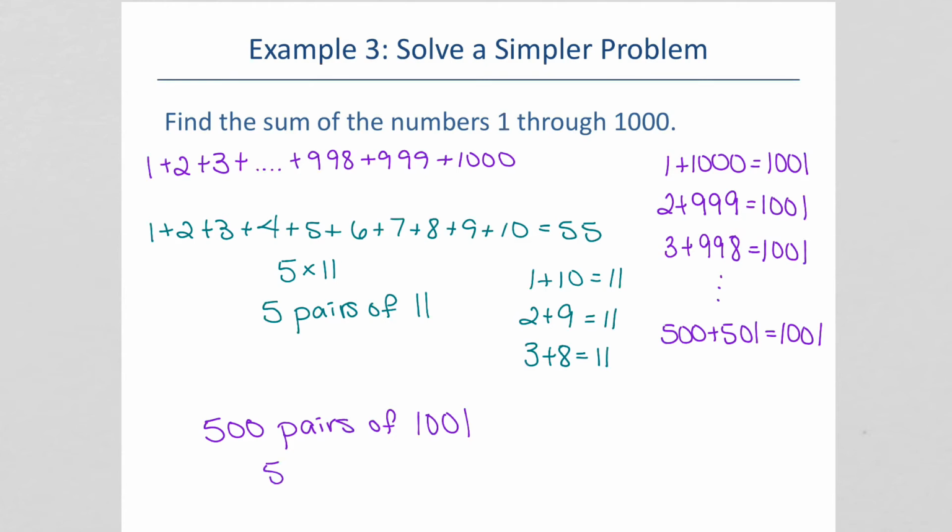That would be 500 times 1001, which is 500,500. That's what the sum of all the numbers of 1 through 1,000 are. A lot simpler than trying to add them up.